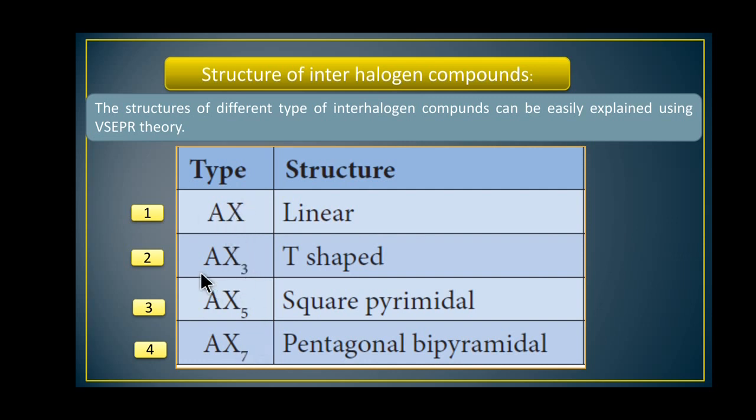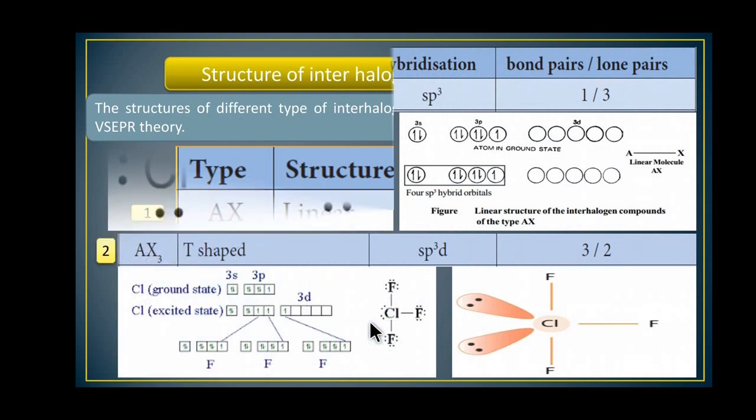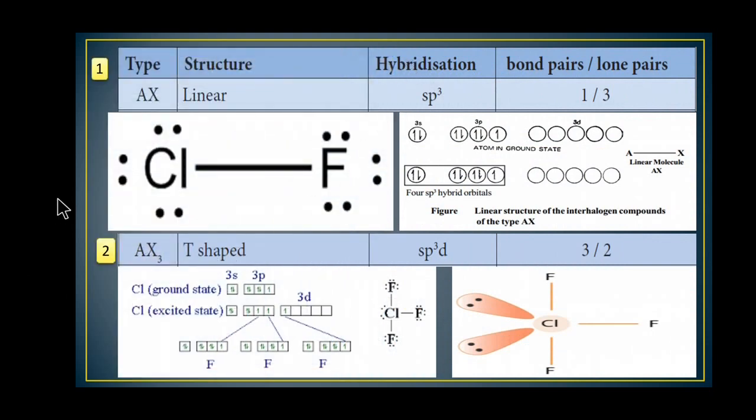So AX, AX3, AX5, AX7. AX has a linear structure, AX3 has a T shape, AX5 a square pyramidal structure, and AX7 is a pentagonal bipyramidal structure. Is it clear?